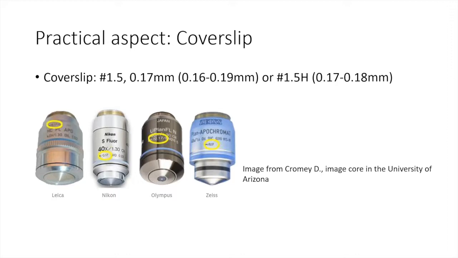And I know it's a little bit confusing because the number is 1.5, it's not 0.17, but just make sure that you have the right manufacturer thickness for your cover slip. And if you are worried about the quality, you can use even higher performance 1.5H, which has better quality control.